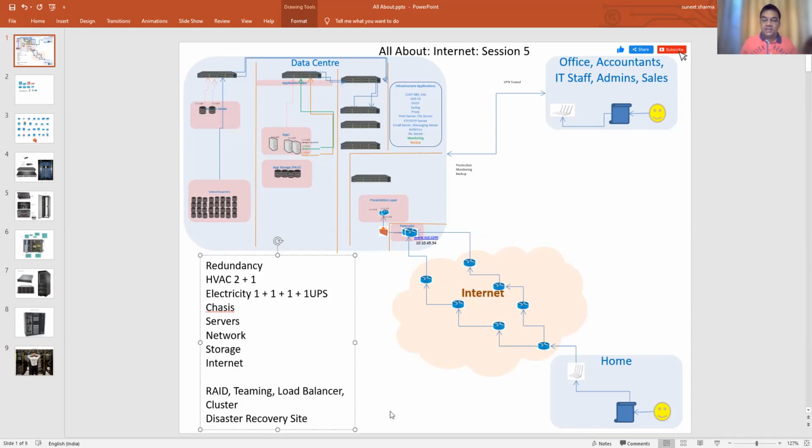Now, what is a disaster recovery site? A disaster recovery site is similar to, or of lesser capacity than, the primary site. First rule. Second rule, it gets activated, or starts serving its customers or users, only when the primary is down.